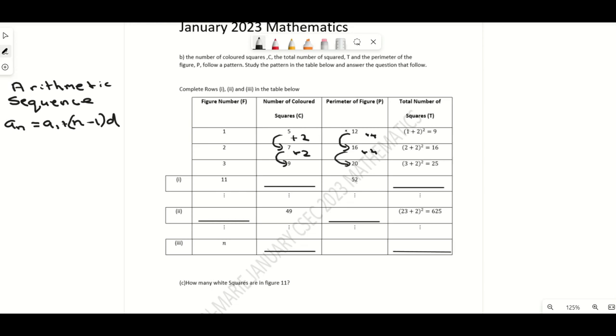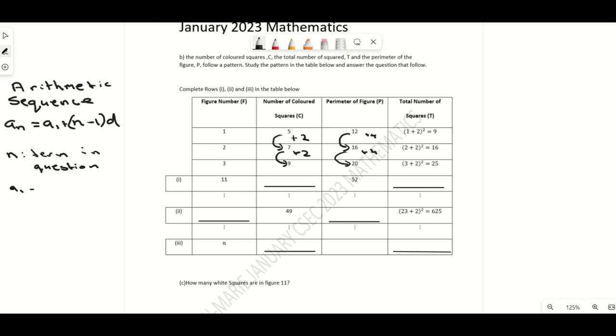right? Now, this is the formula, arithmetic sequence. The formula is an. The n term would be whatever the figure number is, right? It equals a1 plus (n minus 1) d. n is the term in question, right?